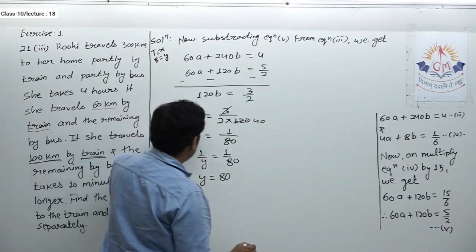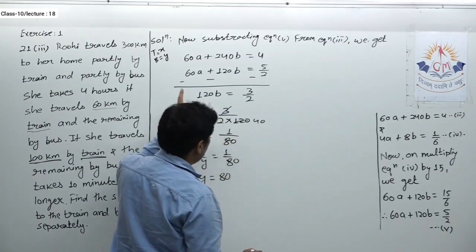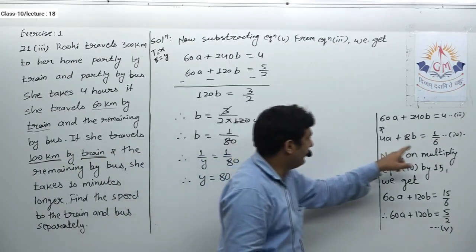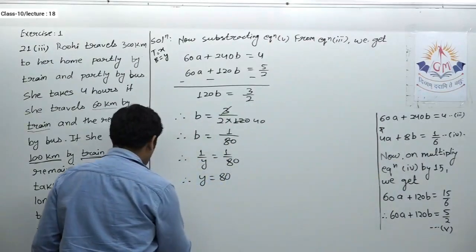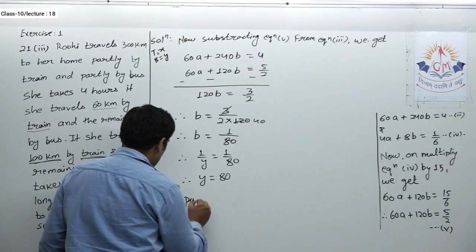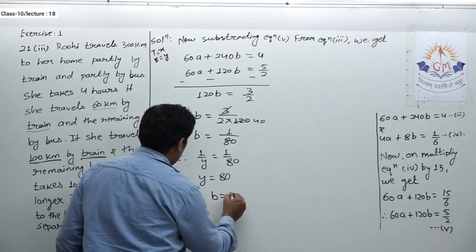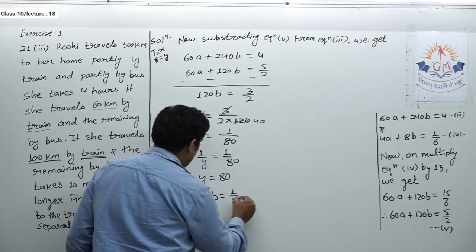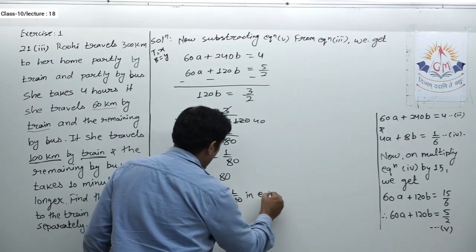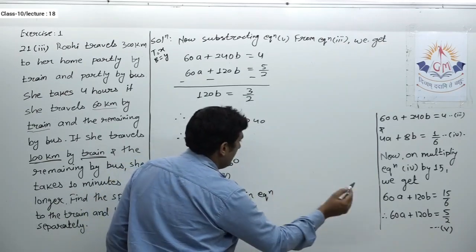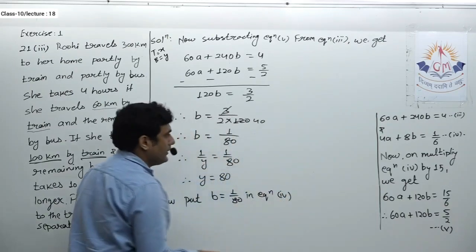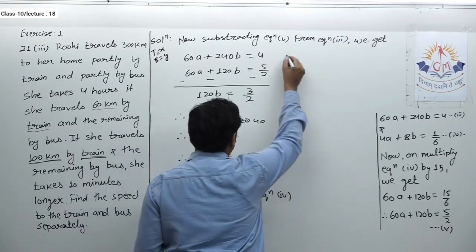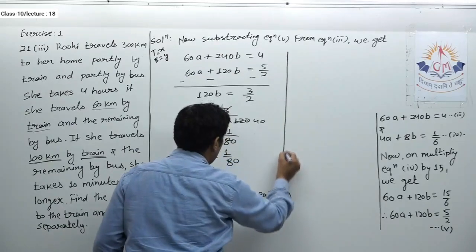Now I will put B is equal to 1 upon 80 in equation number 4 or in equation number 3, whatever. I am putting it in equation number 4.